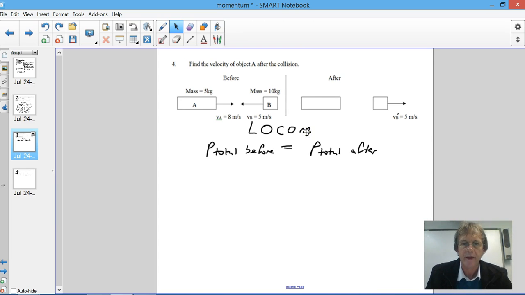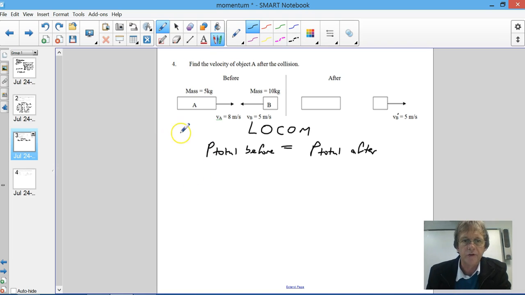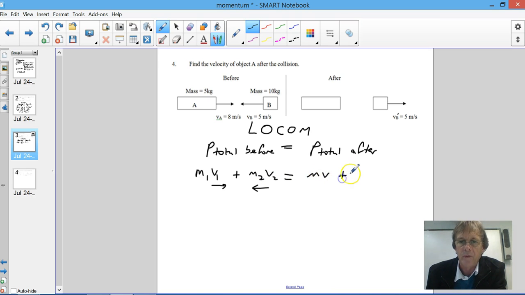So if you start with that again and go through the same process, you've got two objects. We can say this is momentum 1, P1, but I'm going to shortcut this and just say I've got m1 v1 going to the right, plus the second object, which has got m2 v2 for momentum going to the left. And afterwards, we've got an unknown momentum for that object, don't know if it's going left or right. And we've got a known one, we'll call this 1 still, by the way, and put a dash on it.